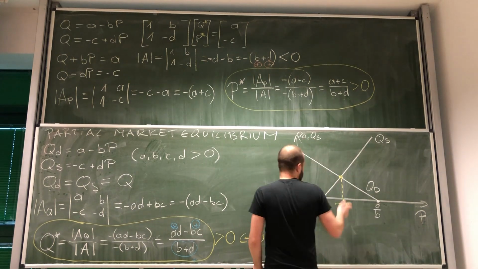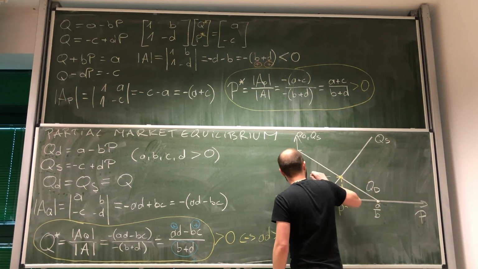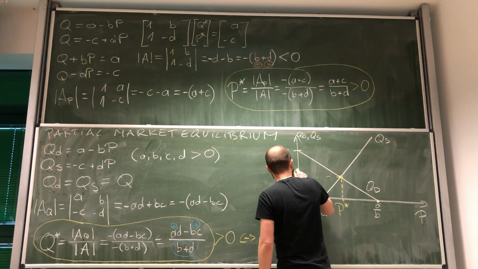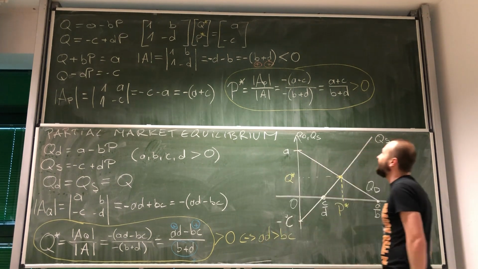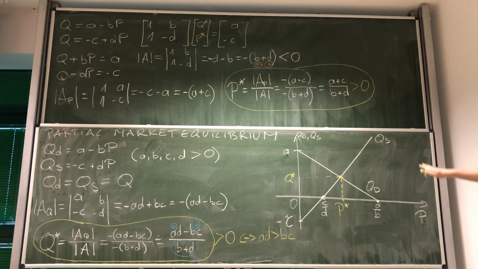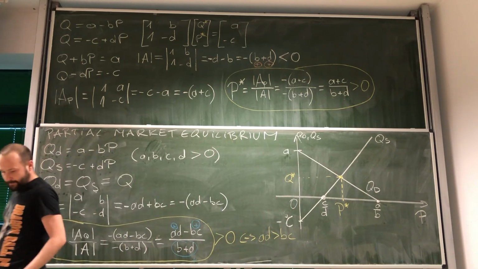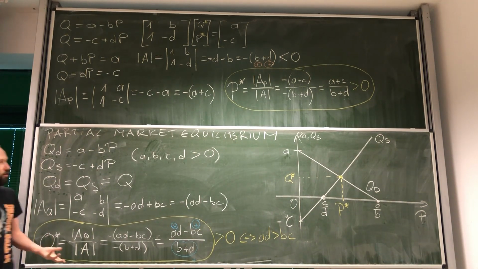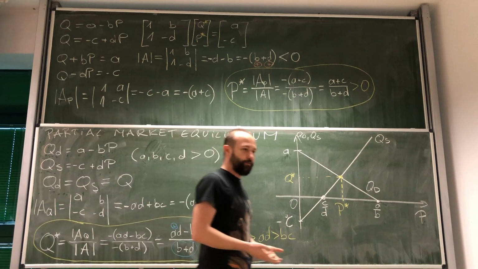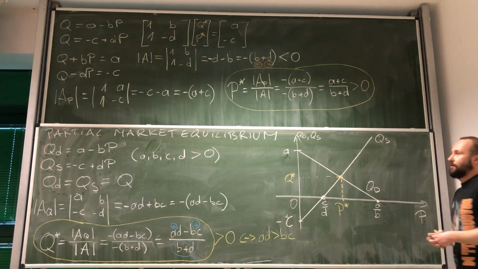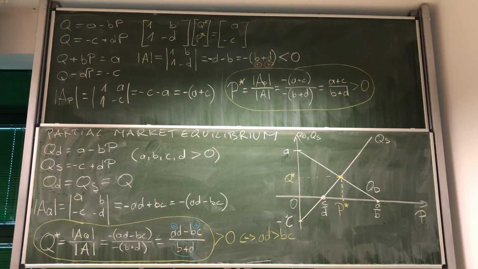Okay, and now we've got equilibrium quantity that we can also place on our graph. Okay, so now you've seen how we find the equilibrium in a simple partial market model.